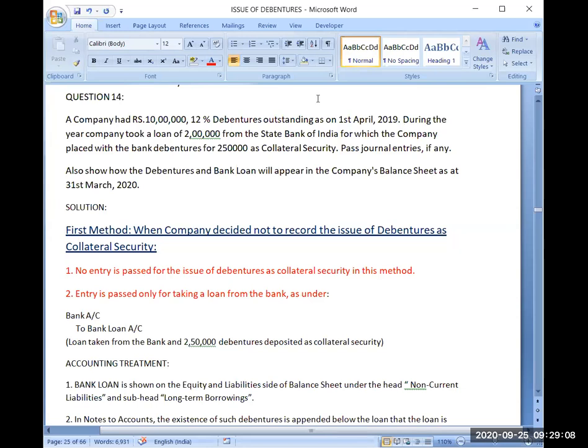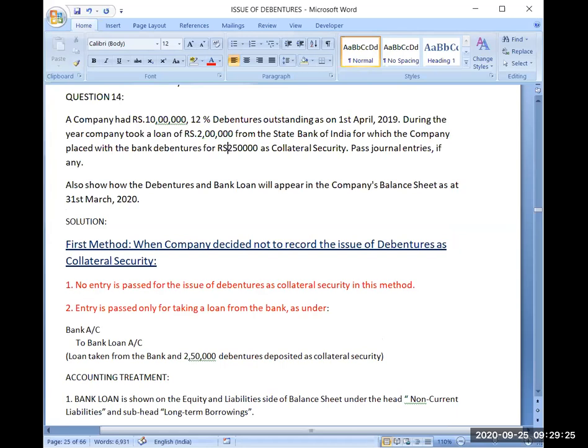It took a loan of rupees 2 lakh from the State Bank of India, for which the company placed with the bank debentures for rupees 2,50,000 as collateral security. Past journal entries, if any, also show how the debentures and bank loan will appear in the company's balance sheet as at 31st March 2020.